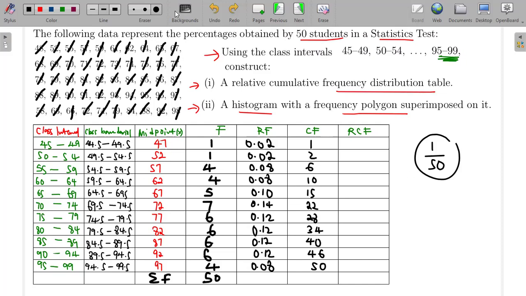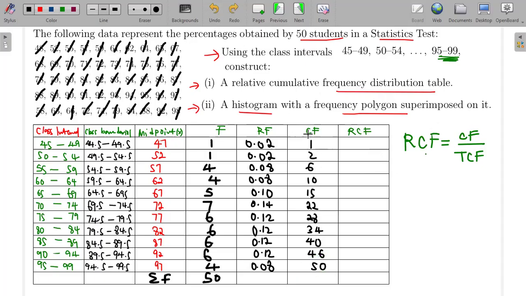Okay, and then how do you think we find the relative cumulative frequency? Relative cumulative frequency is equal to the cumulative frequency divided by the total, which in this case is just 50, the last one.